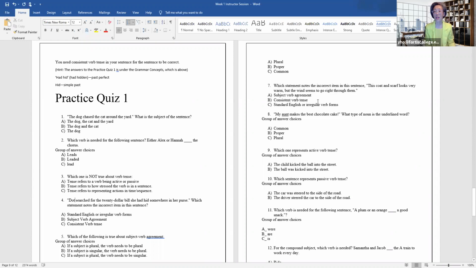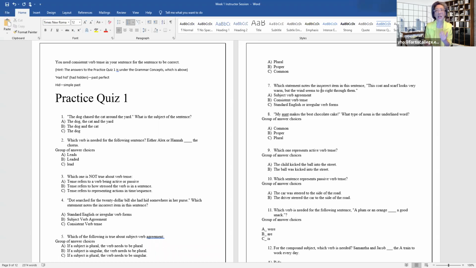And are there any irregular verbs in this sentence? When you have ED and ED, that means these are both regular verbs. An irregular verb is like go, I went. Anything that can't be formed in a simple past with ED is an irregular verb, and anything with ED is a regular verb.